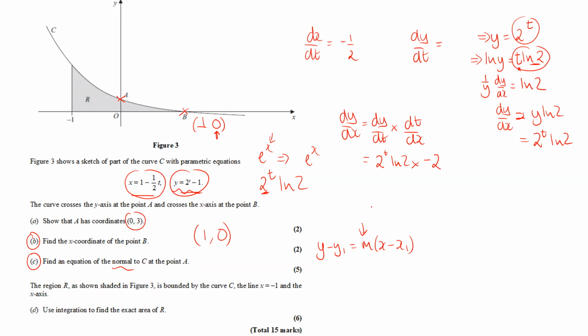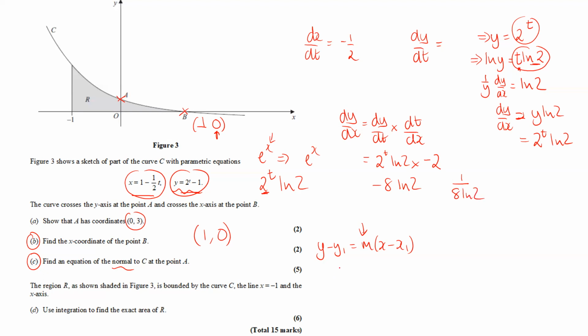We had that before. So just putting t equals 2, that's going to be 4 times the minus 2. So that's going to be minus 8. Oops, sorry, the ln of 2. So putting that into our normal, we're going to get the gradient of the normal is going to be the negative reciprocal. So that's going to be 1 over 8 ln of 2.